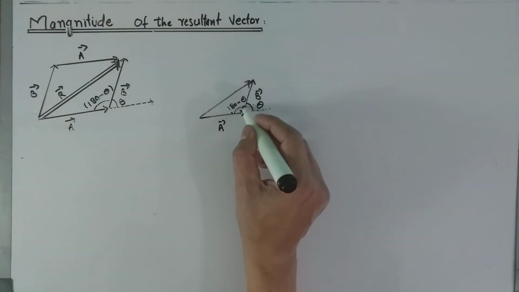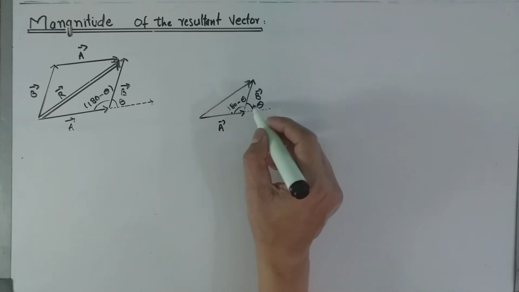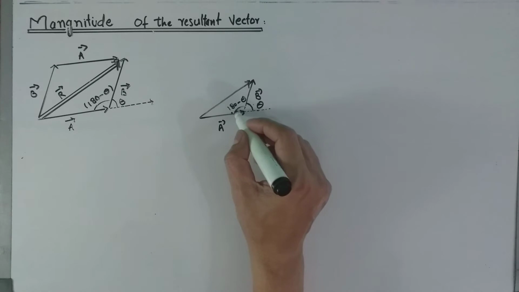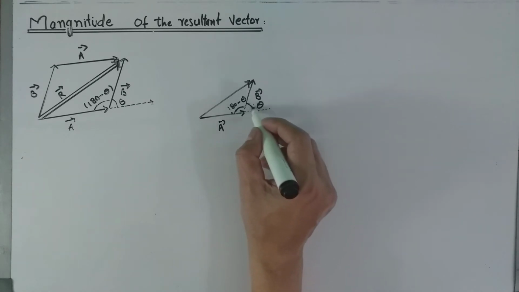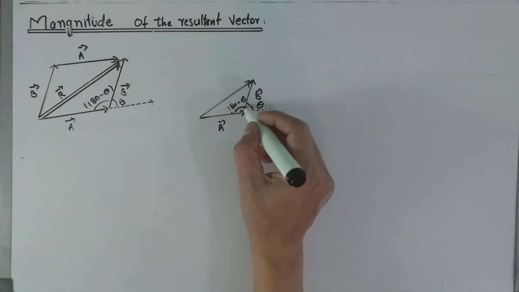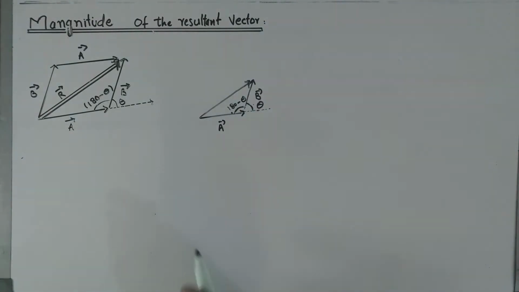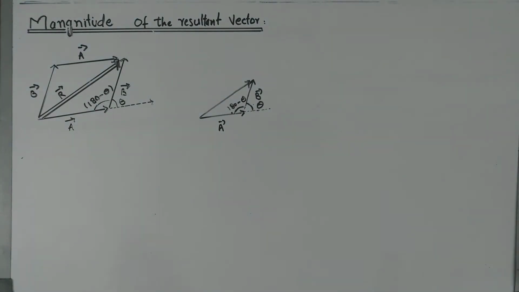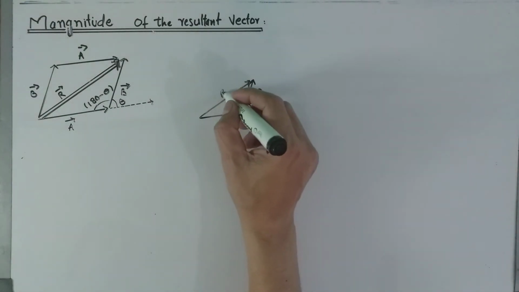So to find this one, subtract this theta from the whole 180 degrees, and you will get 180 minus theta. We will need this angle for the addition of these two vectors. So this angle will become 180 minus theta, and this will be the resultant vector here.